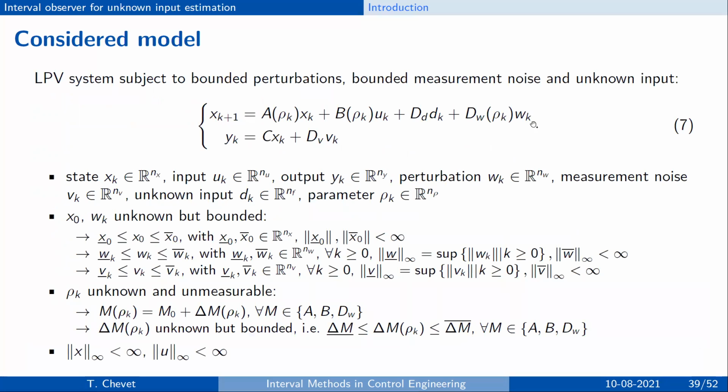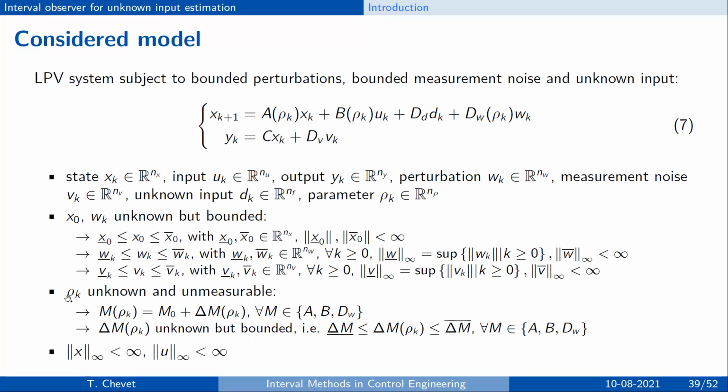The system that we consider is this one, with the additive bias here, a linear time invariant measurement equation, and unknown but bounded perturbation and measurement noise with these properties, the same as in the continuous time case.